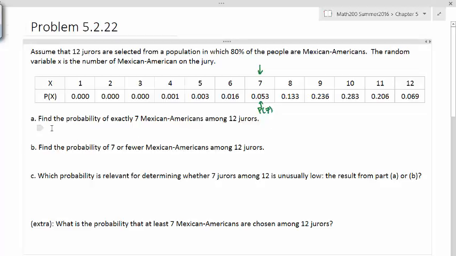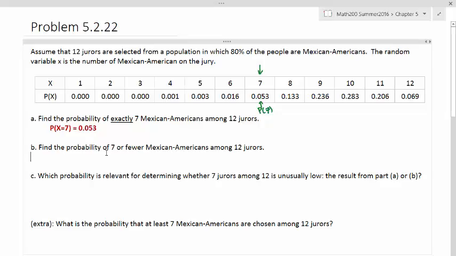So we can write this down as P of X equals 7, to say that there's exactly 7, and that's going to equal 0.053.